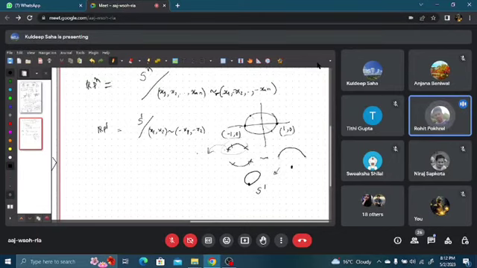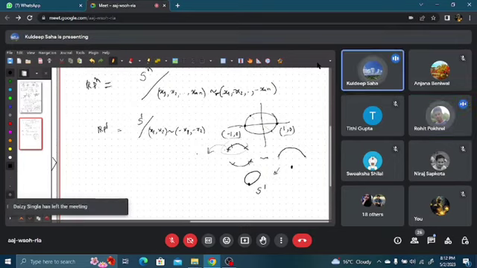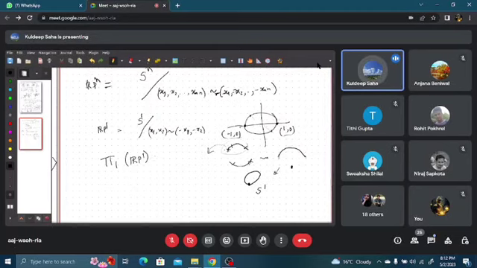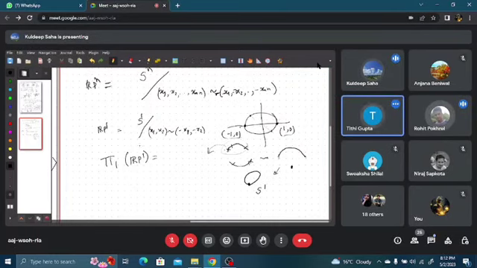I don't know if I should go there or not, but if you compute the fundamental group of RP1, that is Z mod 2Z, right? RP1 is isomorphic to S1. So how can RP1 have a fundamental group Z mod 2Z?